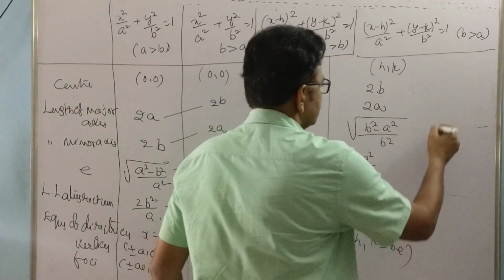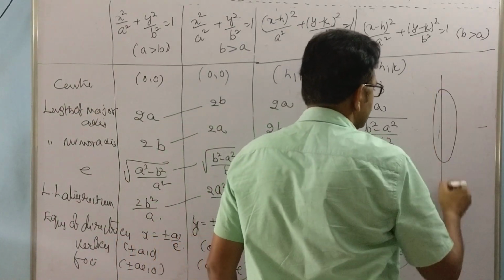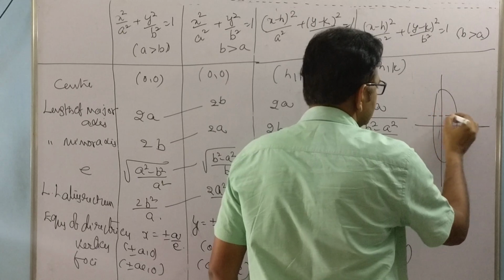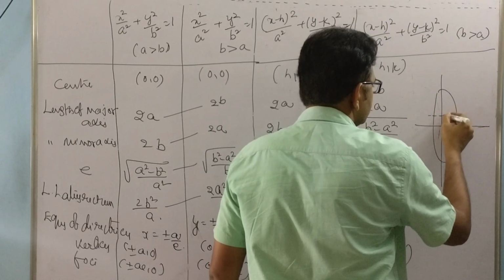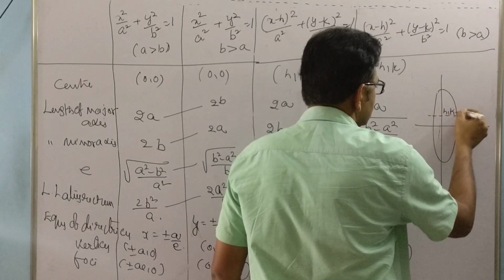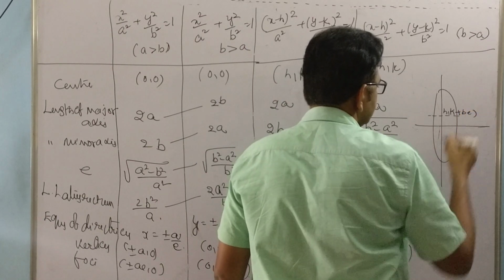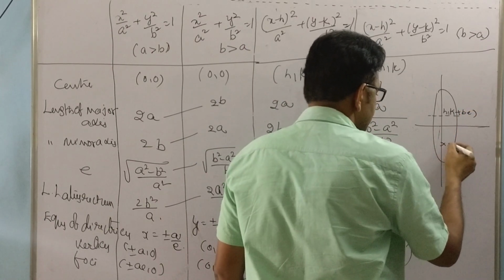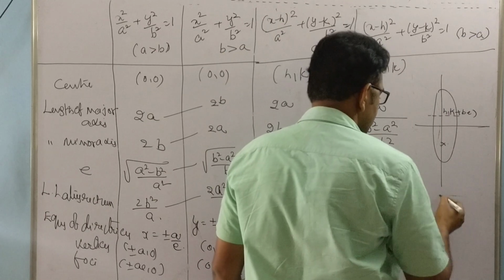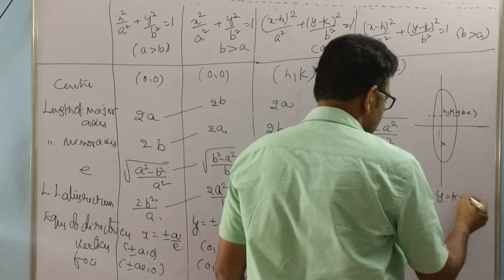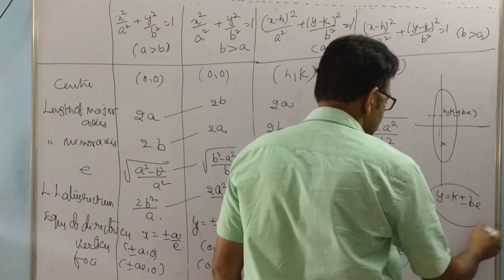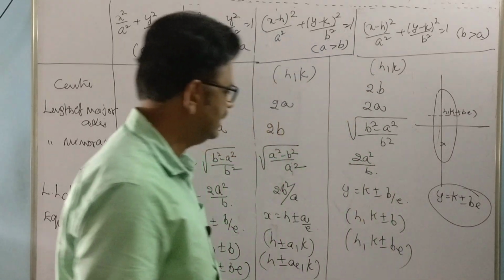And equations of latus recta. So these are foci: (h, k plus be) and (h, k minus be). So the equations are y equal to k plus or minus be. These are the equations of latus recta.